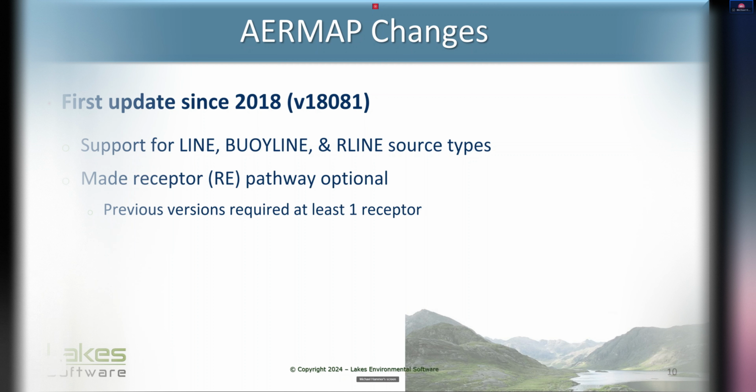In addition to support for additional source types, this update to AERMAP also makes the receptor pathway optional. All prior versions of AERMAP, those prior to the 24.142 release, required at least one receptor to be present. You always had to have some kind of receptor information in order to let AERMAP run.